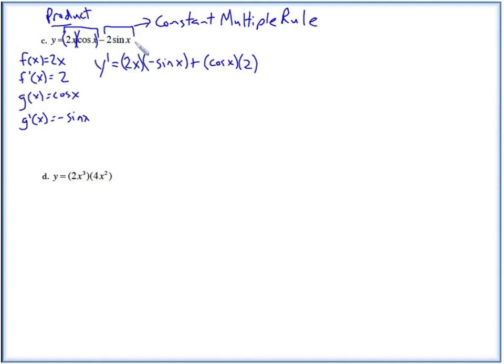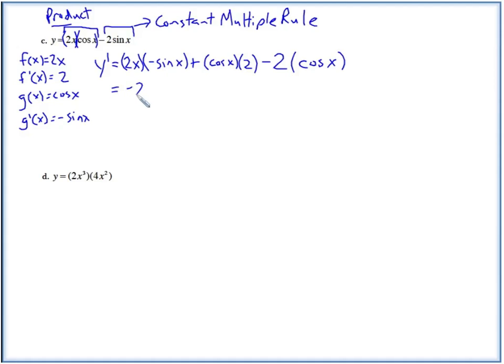And now let's deal with the constant multiple rule. So we have minus 2 sine x. And remember, the constant can just be factored out of that. And then the derivative of sine is cosine. Okay, and now we can multiply these together.